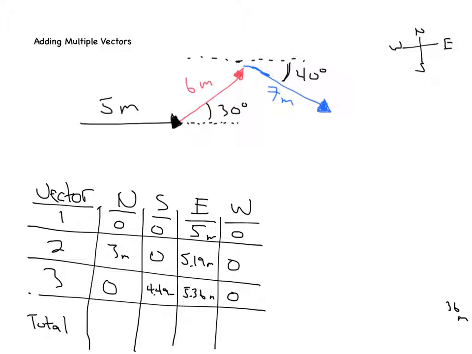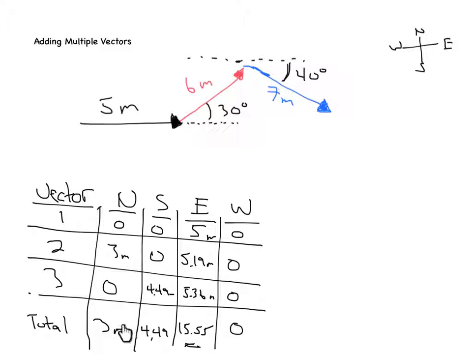And so we do that, and we see that the net result is 3 meters north and 4.49 meters south. And then in the east direction, if we add this whole column up, we have 0 in the west, so we can put a 0 there. That's easy. And then this column would become 15.55.